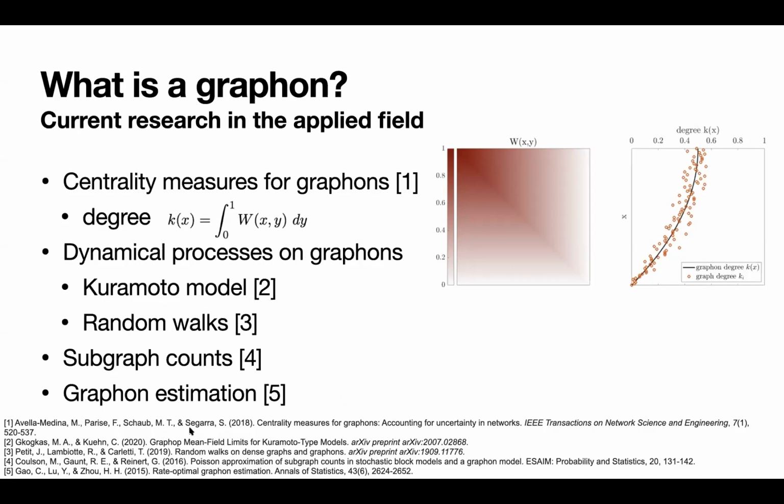And one other field with a lot of research going on in the computational literature is graphon estimation. That's the question of to what extent, if you have a graph, you can reconstruct the graphon it was sampled from? We're going to talk about this a bit more later because it's relevant for some of our results.